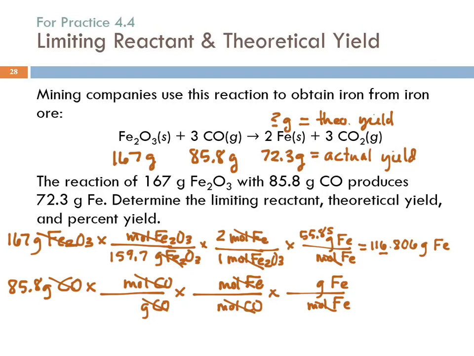So now some of this is easy to fill in, like the last one. The molar mass of iron has not changed in the last 5 minutes. The moles of iron is still the same, 2 moles of iron. And then we've got 3 moles of carbon dioxide this time.